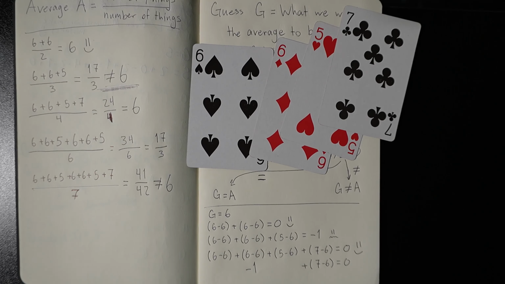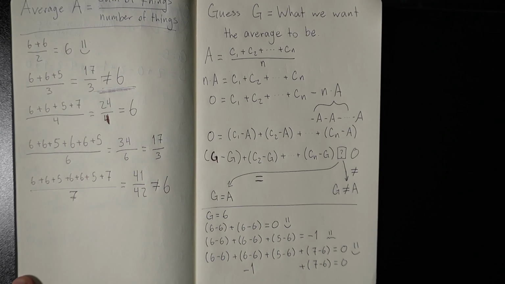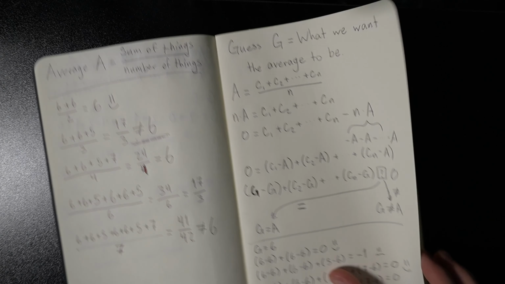That means to keep our "is the average 6" test running the entire game, all we need to do is add the new card's value minus 6 to a running total each time a card is added to the discard pile. Further, there's no division or multiplication needed, so the math's a lot easier to do in your head.